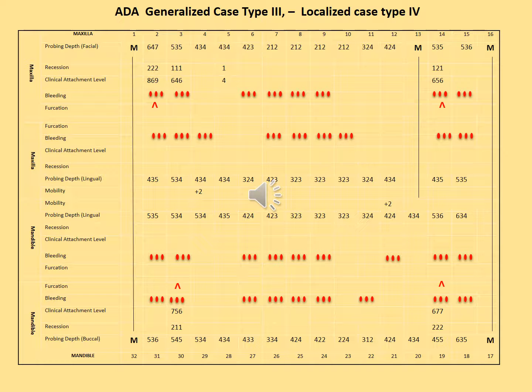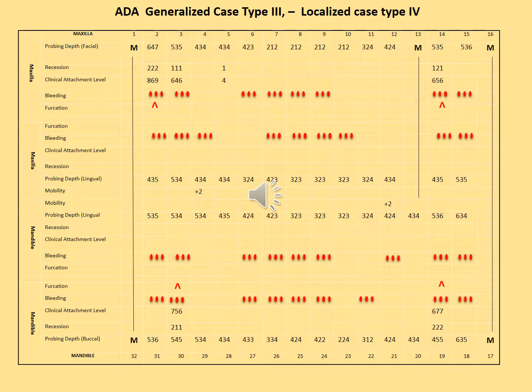In this slide, we're going to present the periodontal probing. This patient was classified as AAP generalized case type 3 and localized case type 4 periodontitis. This patient is missing teeth number 1, 13, 16, 17, and 32. The deeper pockets were found on teeth number 2, 14, 18, 19, and 30, in which the patient also has recession.